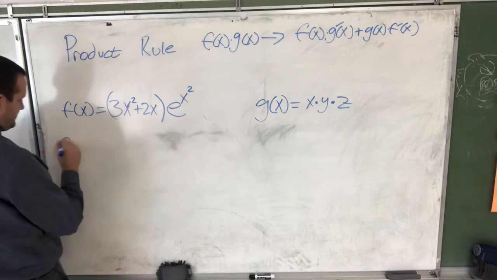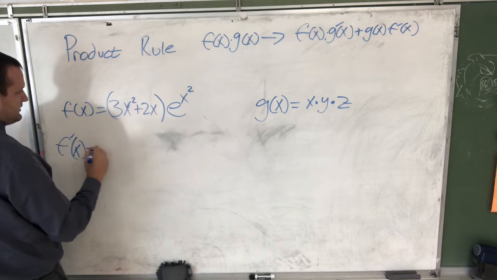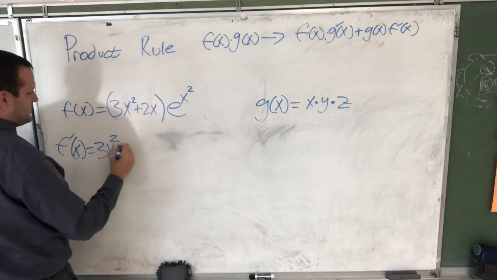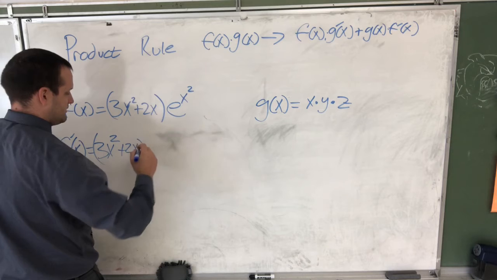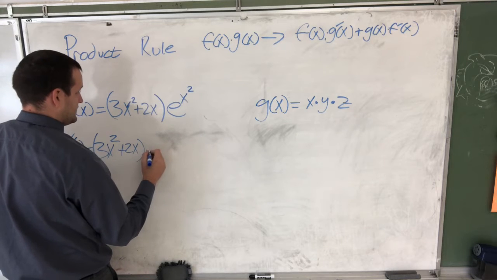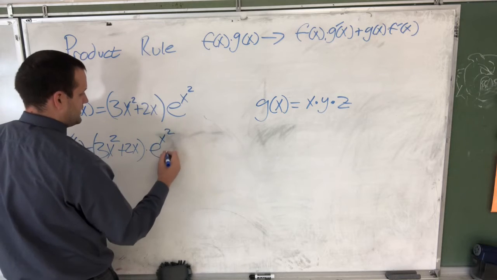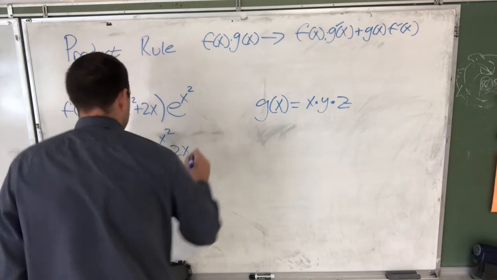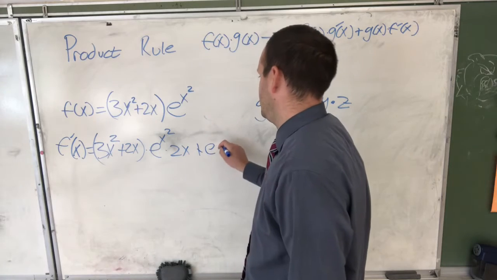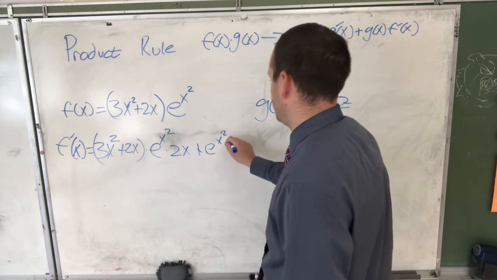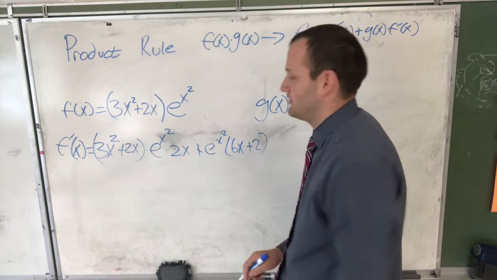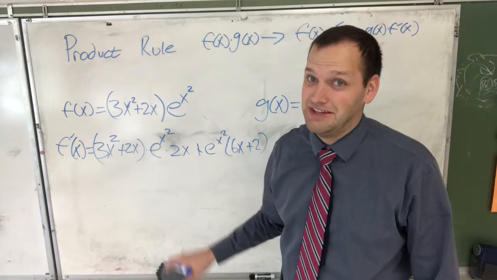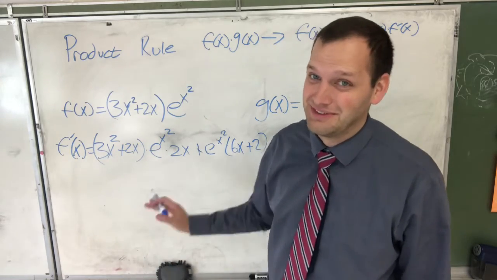So that gives us f prime of x is 3x squared plus 2x times e to the x squared times 2x plus the second, e to the x squared, times the derivative of the first. Derivative of the first is 6x plus 2. And you just leave it like that most of the time. It's long, it's nasty, we don't want to do anything else with it.